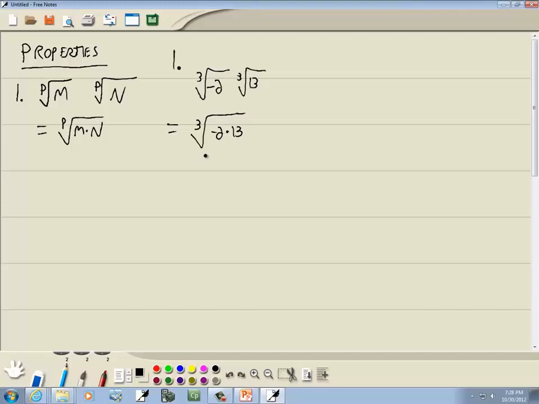So I got negative 2 times 13, which gives us negative 26. Now remember, whenever you have a negative inside of a radical with an odd index, you can take that negative and bring it on the outside. So this gives us negative cube root of 26.